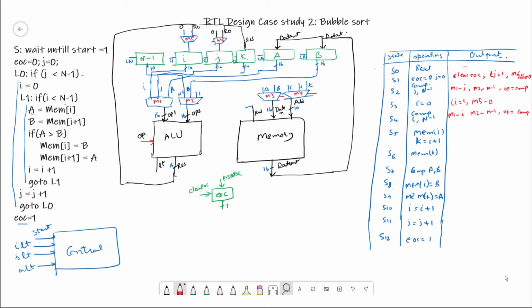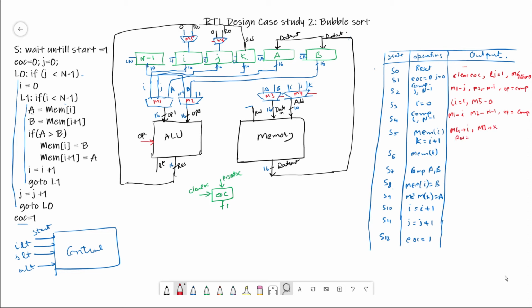In case of the S5 state, we are using memory I. First of all, the address needs to be selected. So M4 will select I. M3 is not selecting anything because it's not a write operation, so M3 is don't care.